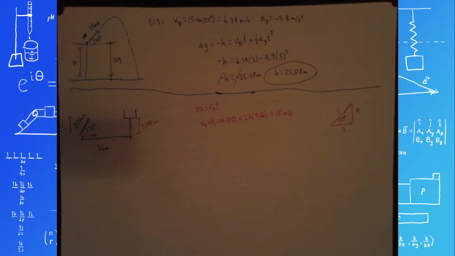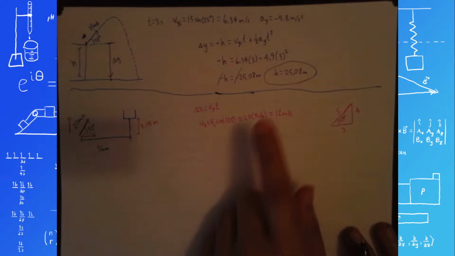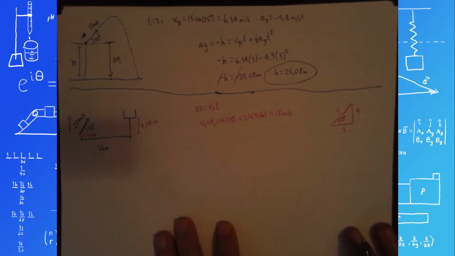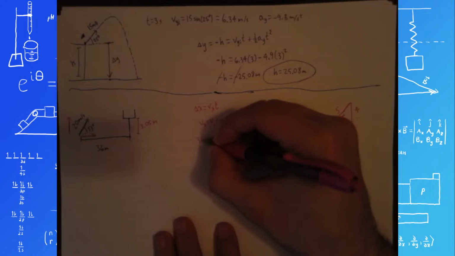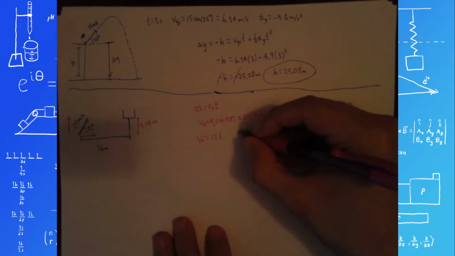And I think they intended for you to round to 12 meters per second here, because as you can see, delta x, 36 meters, divides easily by 12. It cleanly divides by 12 to give you 3. 36 equals 12 times t, divide by 12, and t equals 3 seconds.